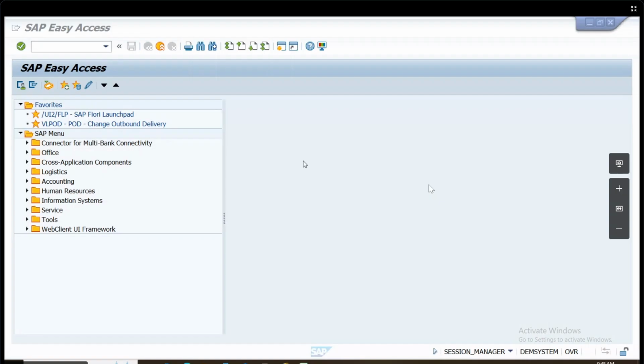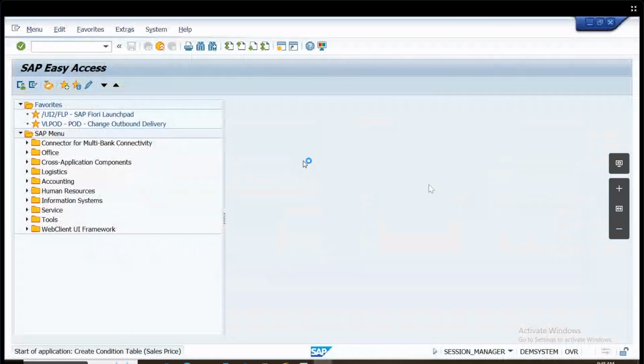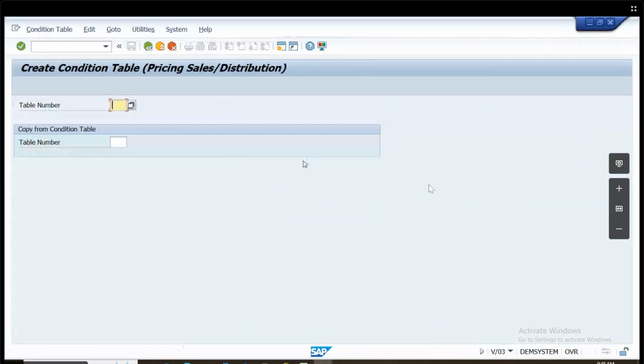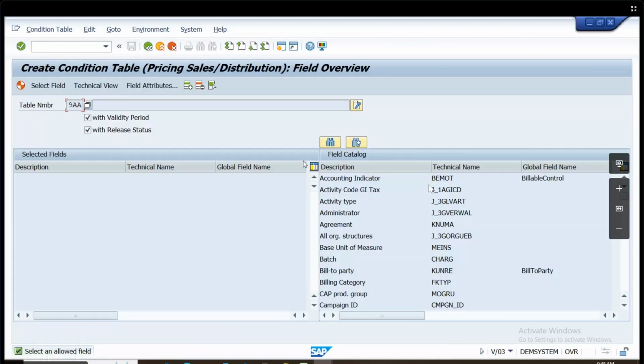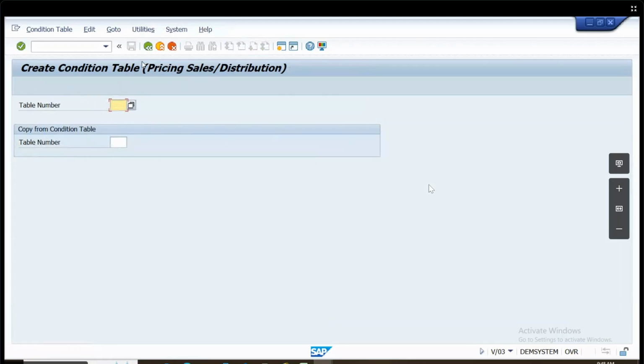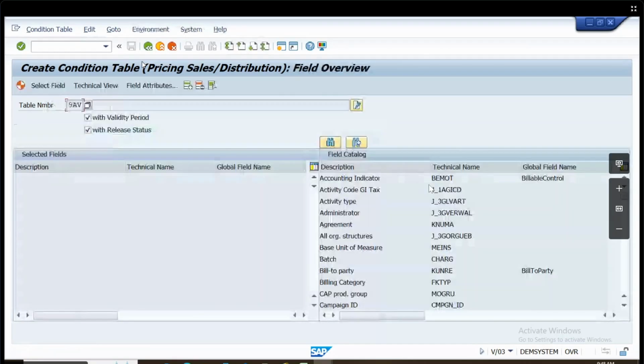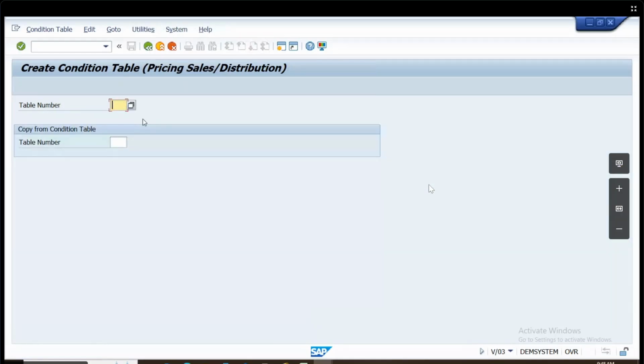If you go to V/03, I can mention the table 9AA up to 9AV. 9AW, it will not accept.